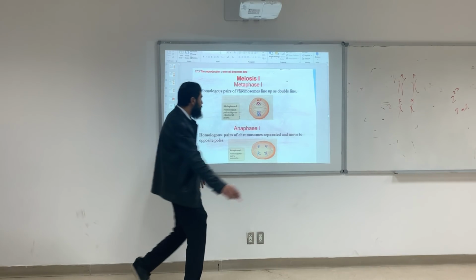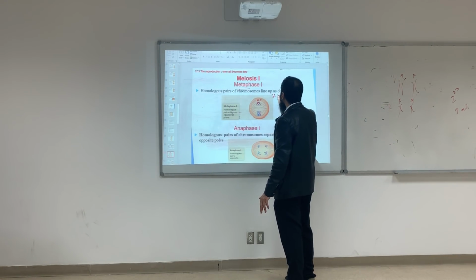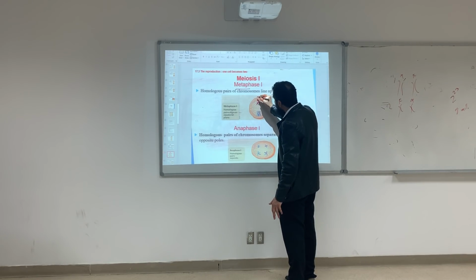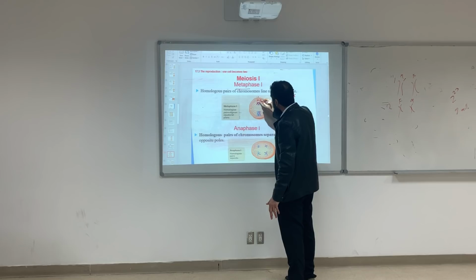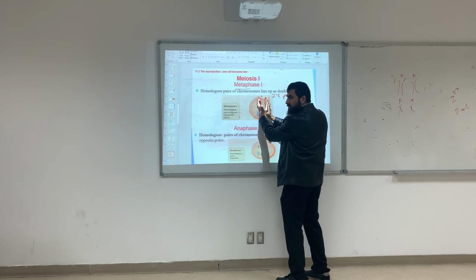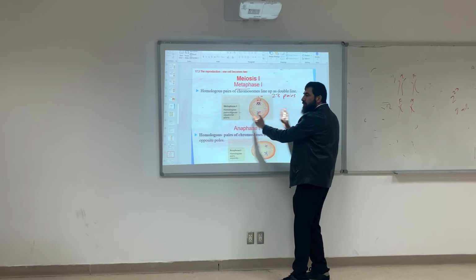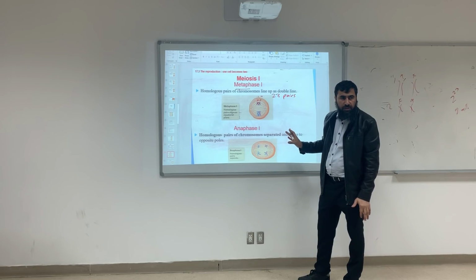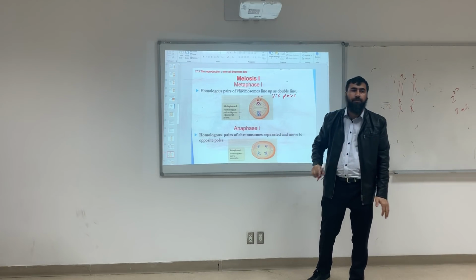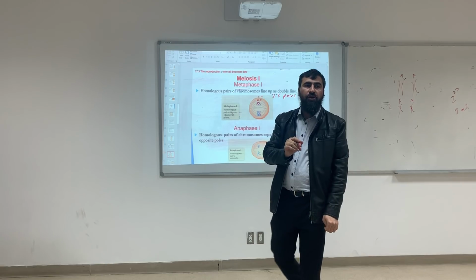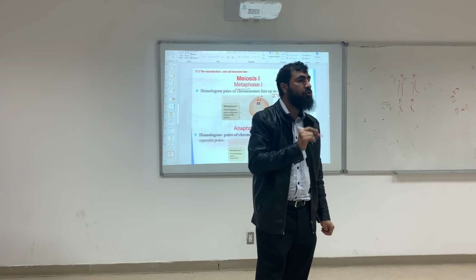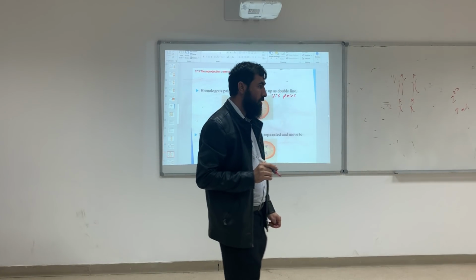So you got 23 from your mother and 23 from your father. So when you separate them, you end up with 23 chromosomes in each of the new cells. That's why it's haploid, okay? That's why it's called reduction division, because you reduced the number of chromosomes to half.